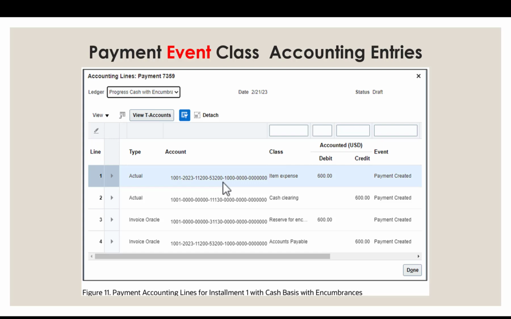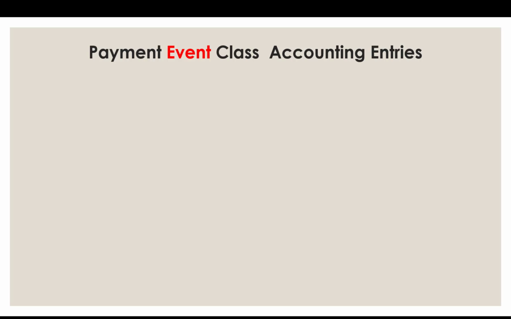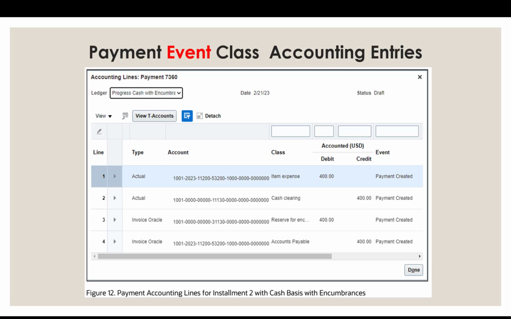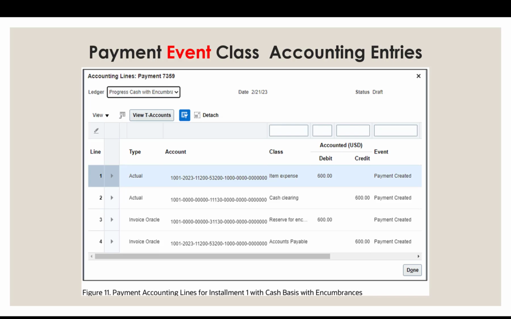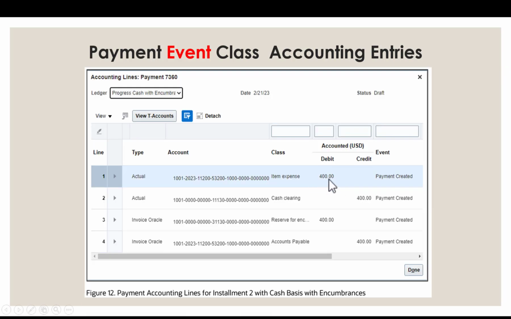This applies to the first installment and to the second installment, because if you remember, Ariel, we gave you an example of one invoice with $1,000, first installment of 600 and second installment of 400. The same goes after you update the subledger accounting methods and create the account rule for the payment event class, it's updated with the invoice distribution account.